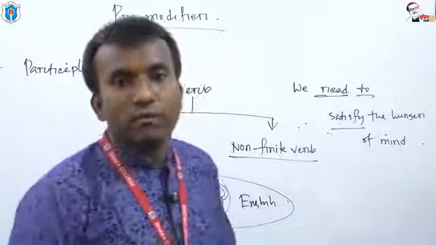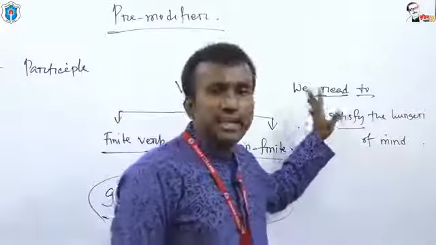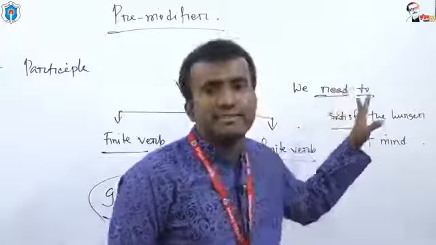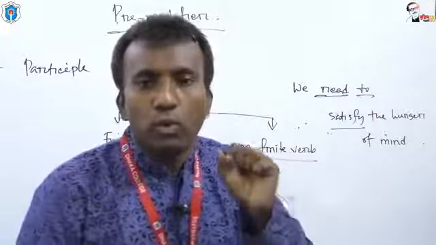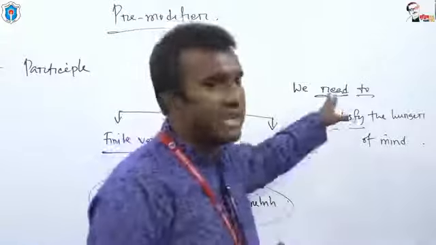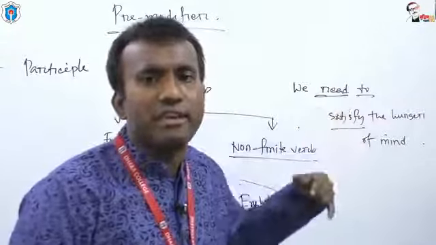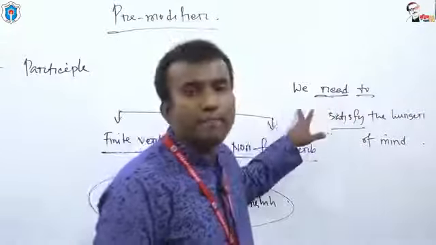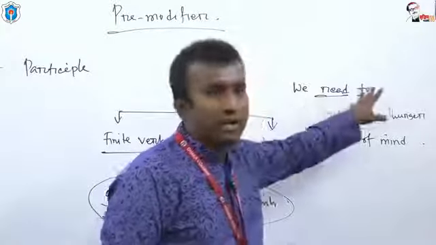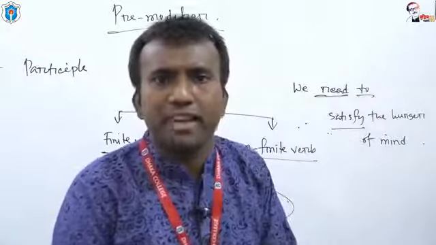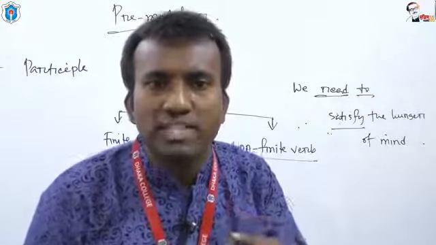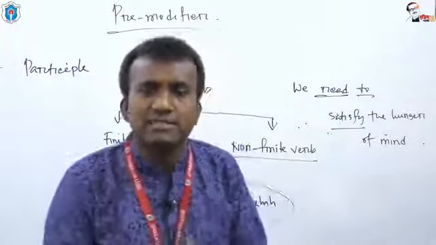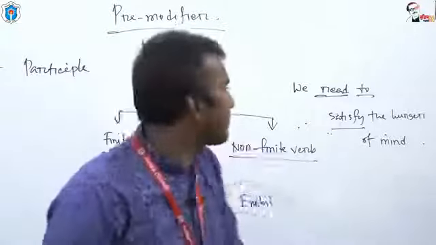There is another formula. In this sentence, read is such a verb which has a subject. And what is the subject of read? The subject of read is we. Does the verb to satisfy have a subject in the sentence? I don't think so.